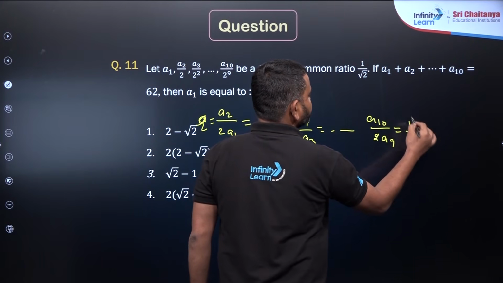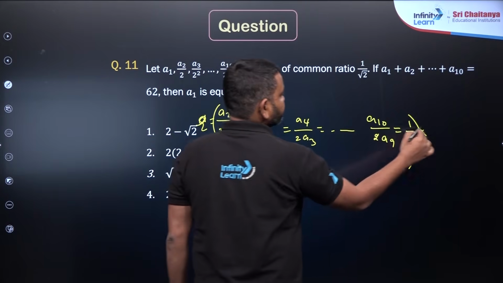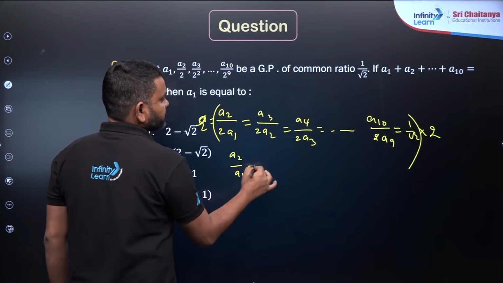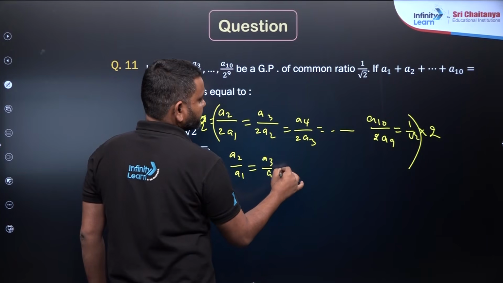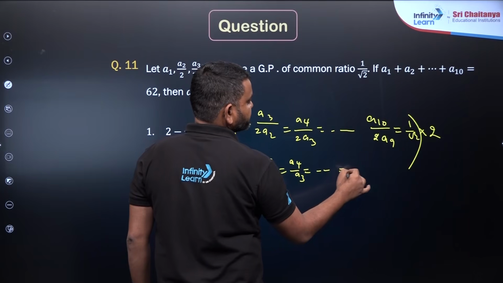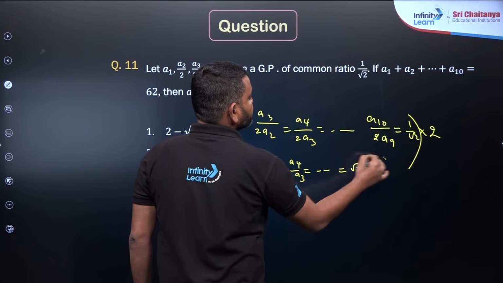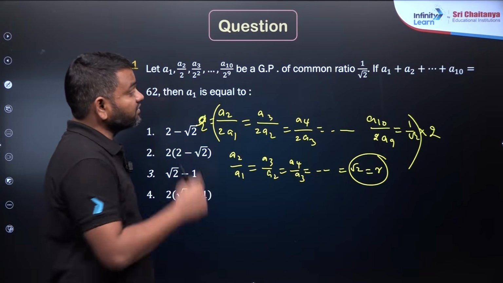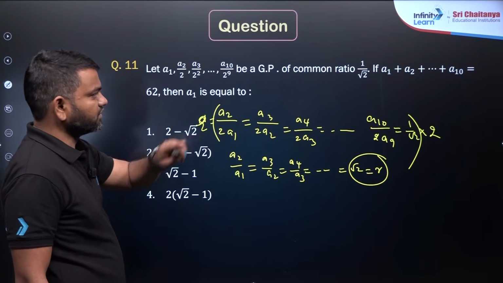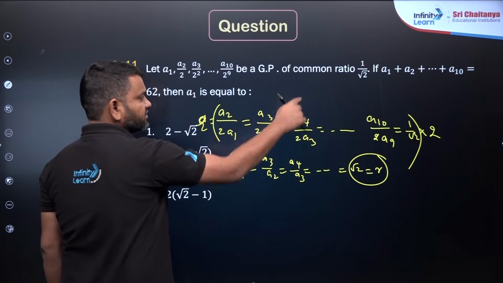So if I am multiplying this with 2 everywhere, you can see here A2 by A1, that is equal to A3 by A2, that is equal to A4 by A3, and so on, which is equal to root 2. This is nothing but R. So we got the value of the common ratio for A1, A2, A3, and so on. There we have got the series here.